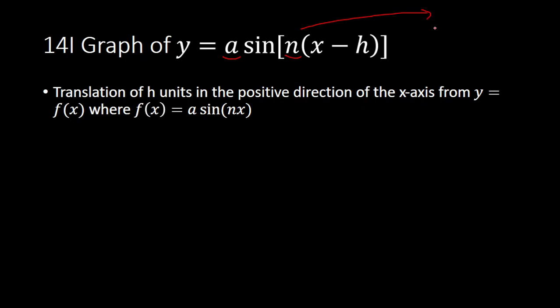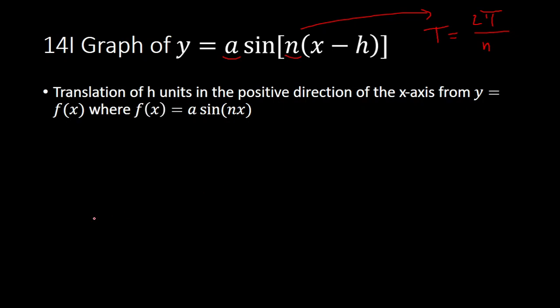The period, which I annotate as capital T, is defined as 2 pi over the n value. If you have inside the bracket x minus h, it's a translation of h units in the positive direction of the x-axis from the function you start with, from a sine of n times x.